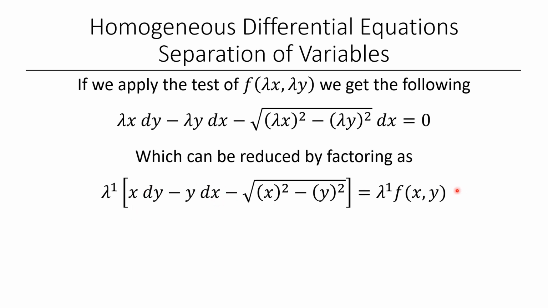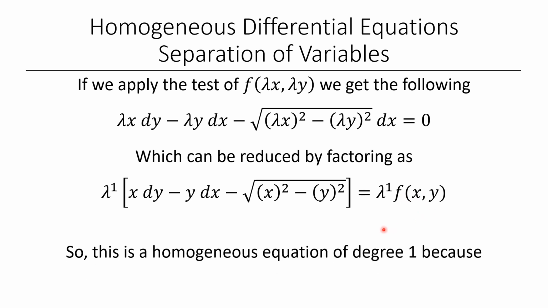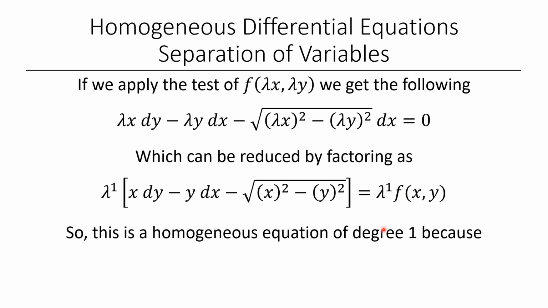And what's left in the brackets then is our original f of x and y. So this tells us that this is a homogeneous equation, and it has the degree of 1 because we have lambda to the first power as our factor that comes out when we put in lambda x, lambda y.